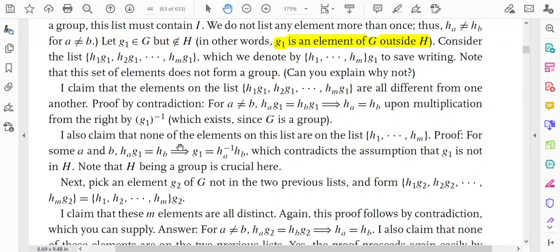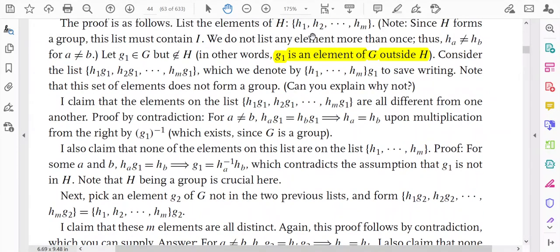I also claim that none of the elements on this list are on the list H1, H2, up to Hm. That means this is a new list after multiplication by g1, and the first list is the subgroup H. We are claiming that none of the elements of the new list are on the previous list. How to show that?